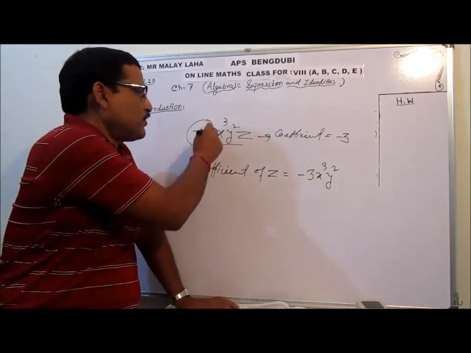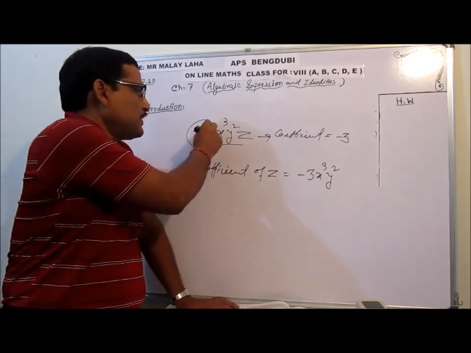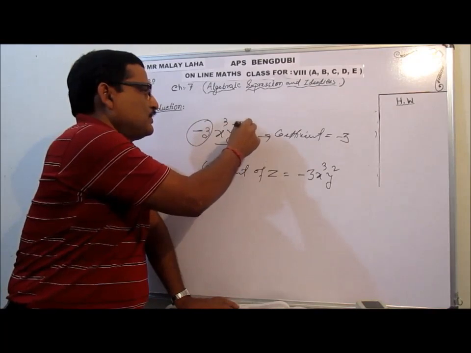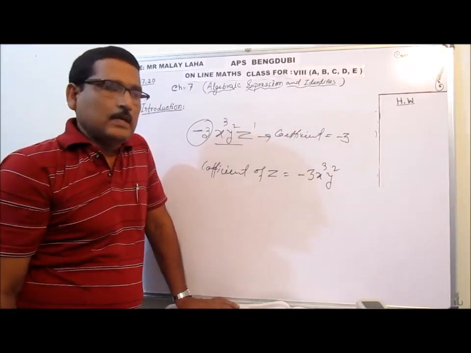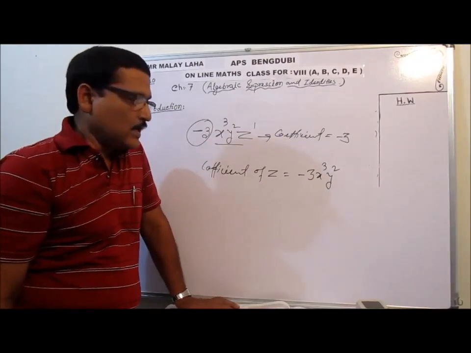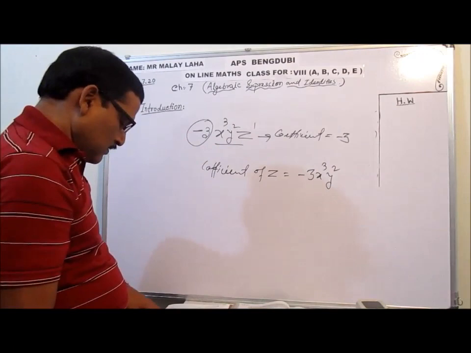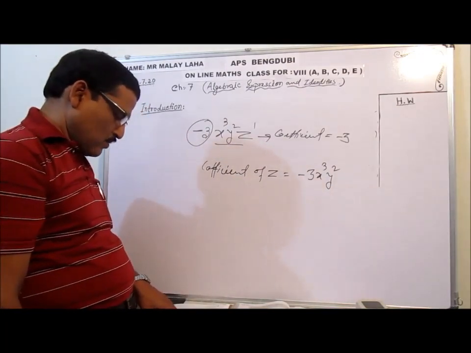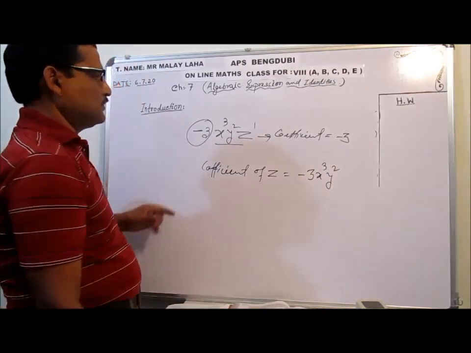When nothing is in front, that means 1 is there; I told you, 1 is the numerical coefficient. And suppose in z there is no power, you have to imagine 1 is the exponent of every literal factor. So what is a coefficient? Any factor of a non-constant term of an algebraic expression is called the coefficient of that term.